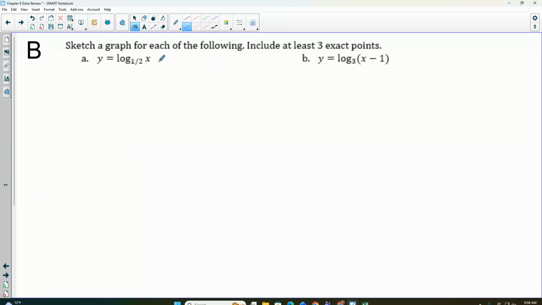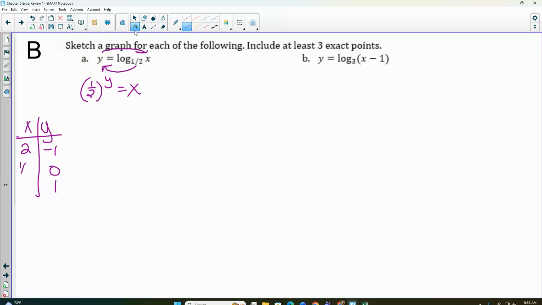B, sketching a graph. Remember, we change it to exponential form. So this is 1/2 to the y power equals x. In our t-chart, y is the exponent, that's where we plug in -1, 0, and 1. What is 1/2 to the -1? 1/2 to the 0?